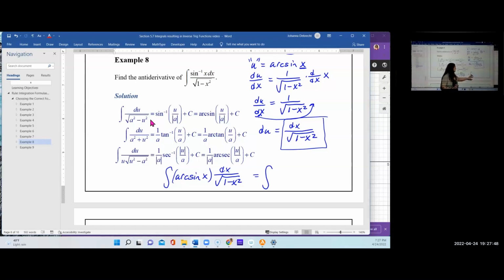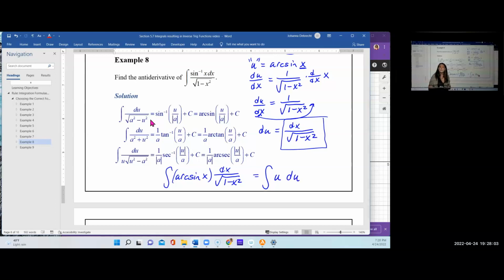And I can say that this is going to be u replacing arcsine of x with du replacing the dx over the radical of 1 minus x squared. This gives me u du.